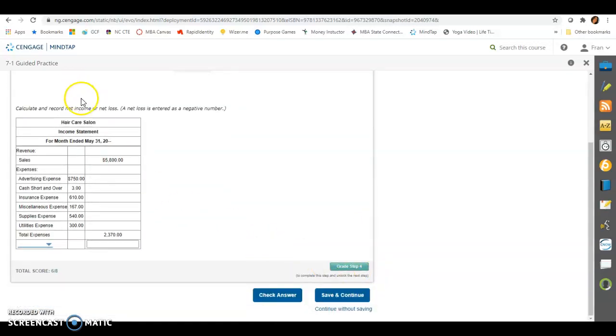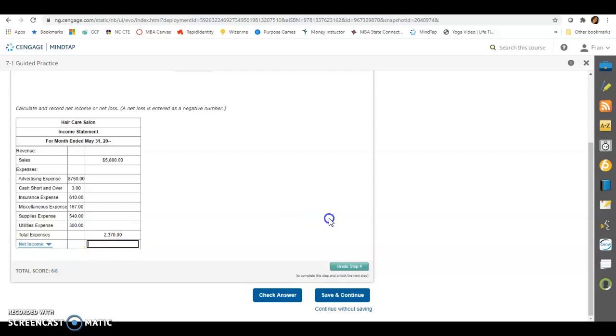All right, the next step is that we have to figure out whether we made a net profit or a net loss. Our sales are $5,800, our expenses are $2,370. So our sales are more, so we're going to make a net income. And then we subtract.